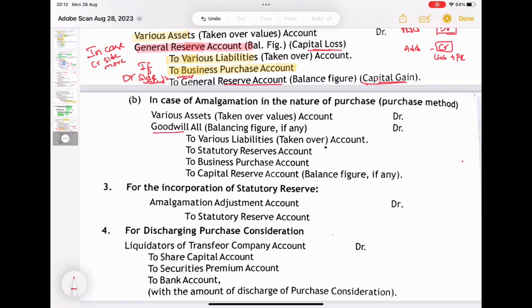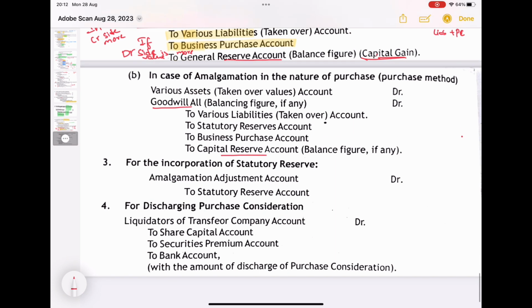Here directly I am going to enter as goodwill and capital reserve, same as the above mentioned journal entry itself, but here I am going to mention it as goodwill account directly, in case of balancing figure in debit side. In case of balancing figure in credit side, I am going to transfer it to capital reserve. Only that entry will be changed, no other entries.